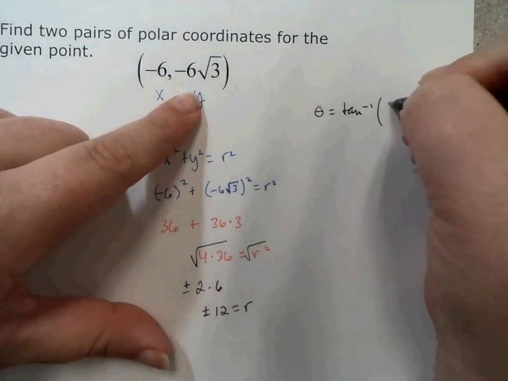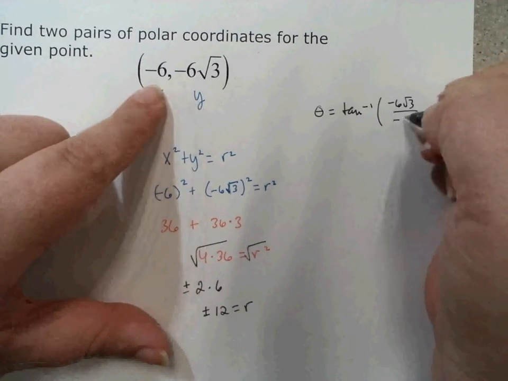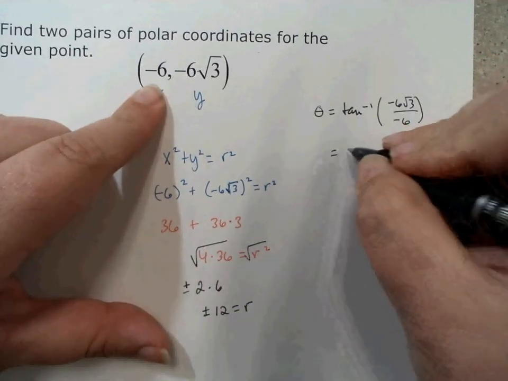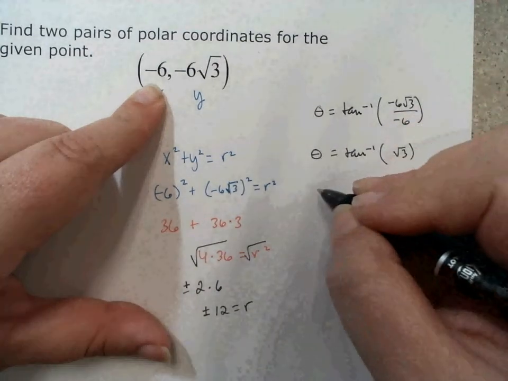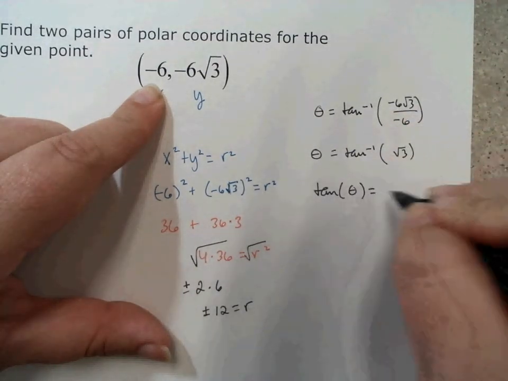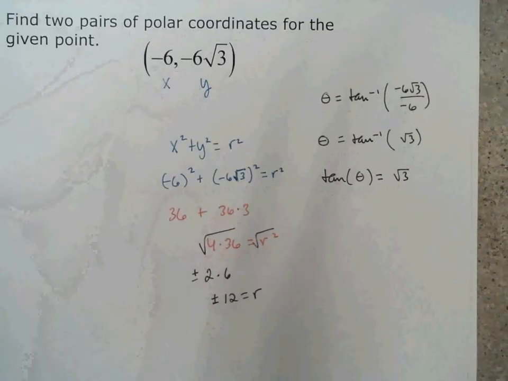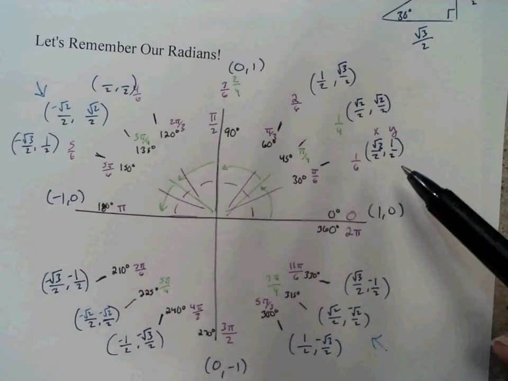And then theta equals tan inverse of y divided by x, or tan inverse of the square root of 3. Or tangent of what angle equals the square root of 3. So I'm going to go to my unit circle.